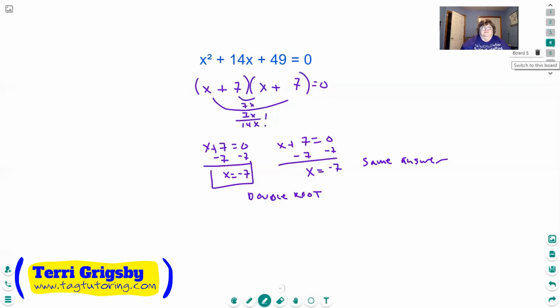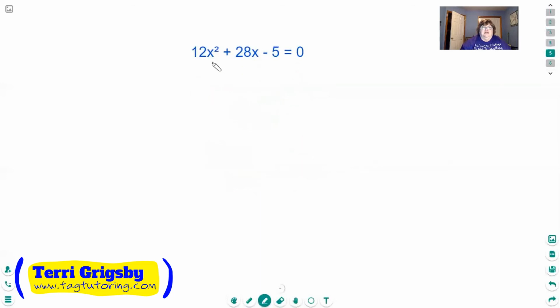Okay, so pretty straightforward on that one. Let's try the next one. All right, this one I put in here because there is a number in front. So now this scares me a little bit. So I'm going to go back to my first way of factoring. I'm going to multiply 12 times negative 5, and that will give me negative 60. So I'm going to go, what multiplies to give me negative 60?